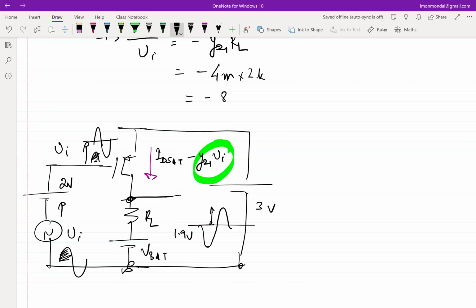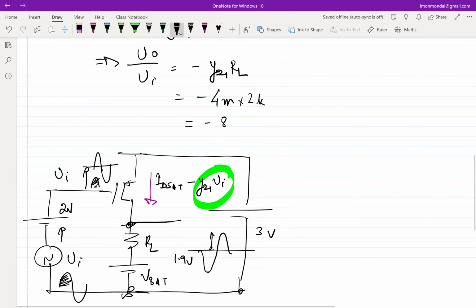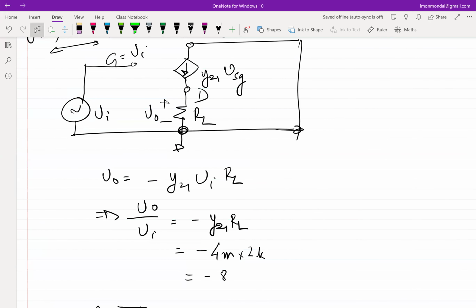Okay, fine. So now let's go back to this, and we said that if VI is 100 millivolts sine omega naught t, V naught will be how much? Minus 800 millivolts sine omega naught t, right?